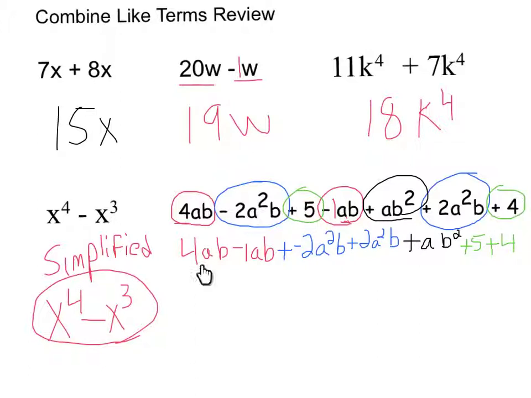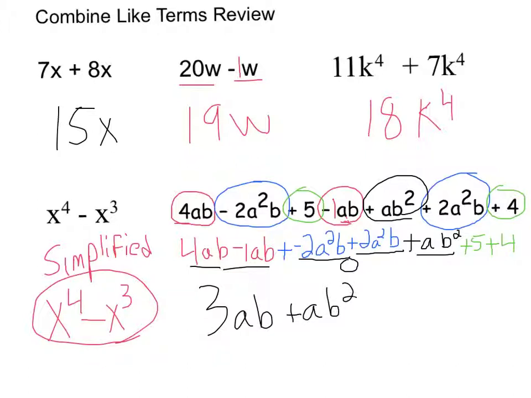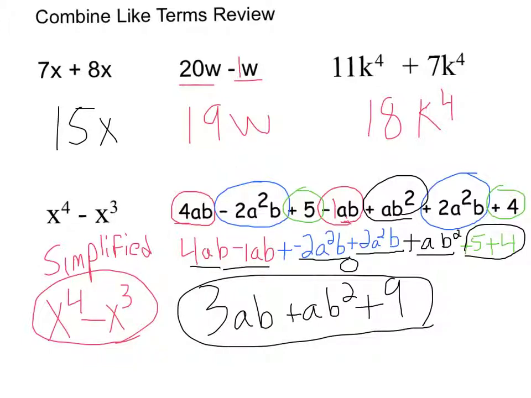So now I'm going to combine these. 4ab minus 1ab is 3ab, then negative 2a squared b plus positive 2a squared b is 0. So I don't need to even include it. I'm not going to write it. But I will take this and put it down here, ab squared, because it has nothing to combine with. And then I'll take plus 5 and plus 4 and combine that to 9. So now this is simplified. All my like terms are placed together.